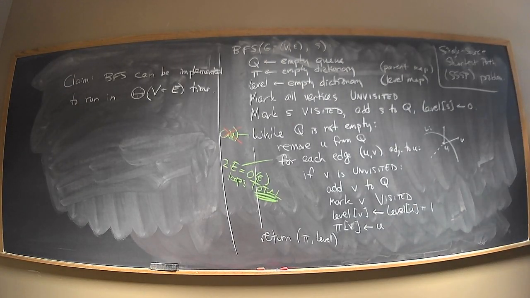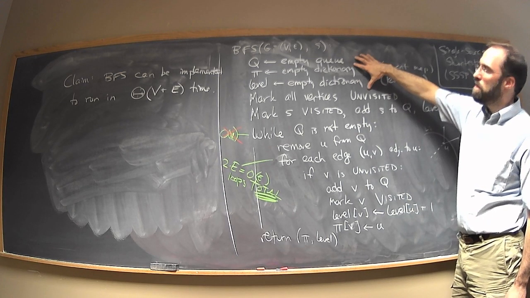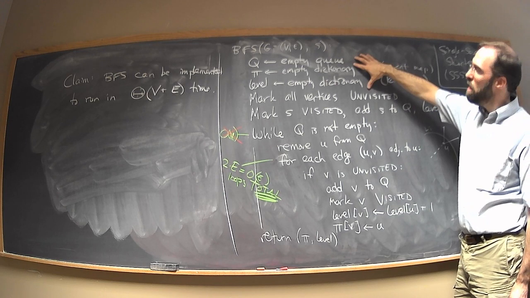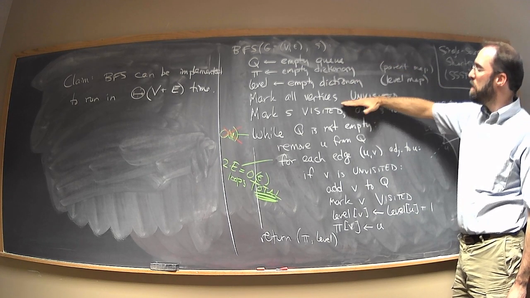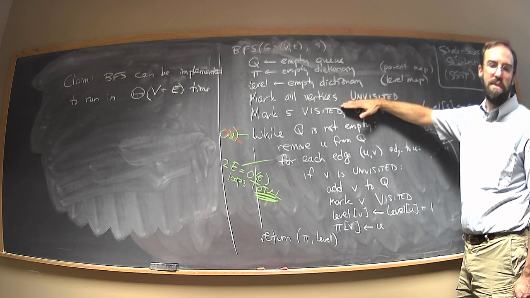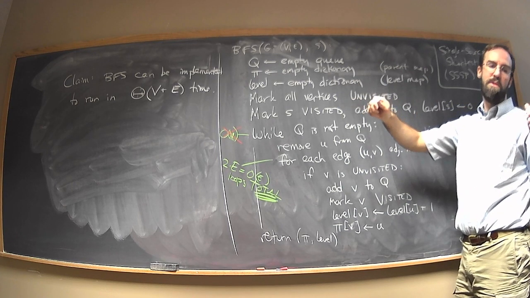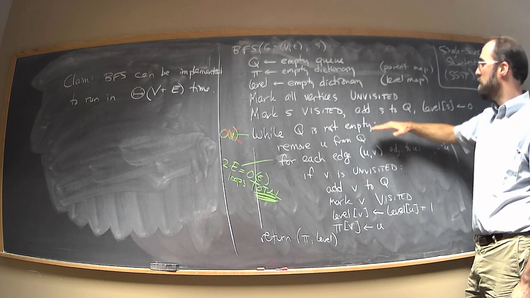And I'm just going to wave my hands a little bit through this. All this stuff of initializing things, we assume that's going to be fast. Marking everything as unvisited depends on how we do it, but maybe we'll say that's going to take theta of V time. If we have to initialize an array with all the vertices and set everything to false, maybe that'll take V time.